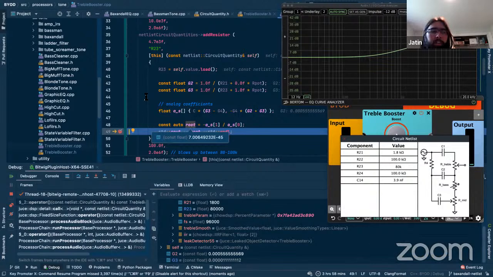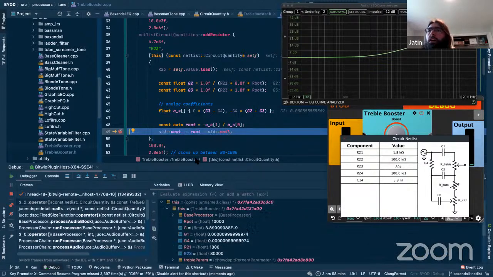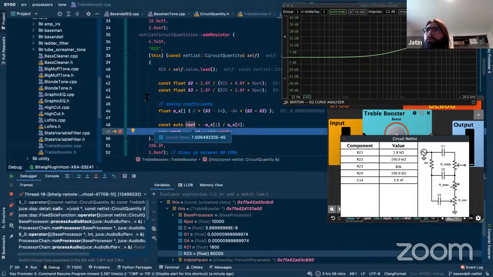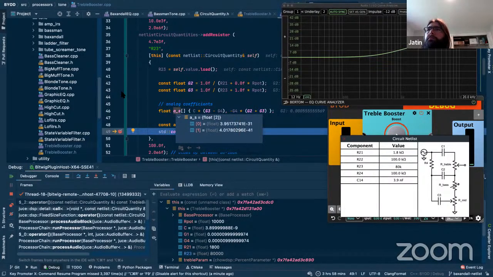Didn't seem like it changed much. Interesting. R23 is 80K. Yeah, okay. Seems like that's more or less the same. A little bit odd. These numbers don't seem to have changed either. Kind of interesting.